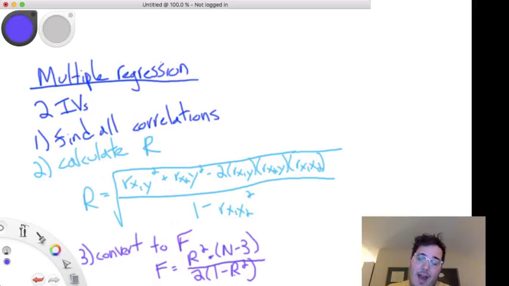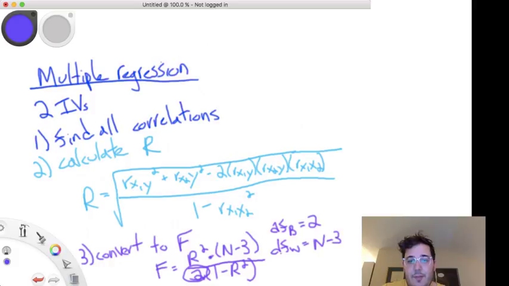You compare it using degrees of freedom, and in this case, your degrees of freedom between is always going to be 2, which is this 2, and your degrees of freedom within is always going to be n minus 3, which is this n minus 3. So you use those to find your critical value of F. You compare the critical value to your value, and if your value of F exceeds the critical value of F, you would reject the null and say that my predictors are significantly correlated with my outcome. Okay, and you need that to then move on.